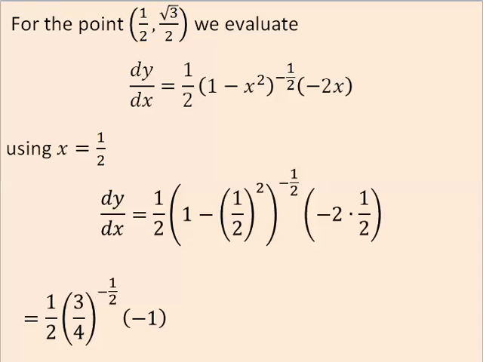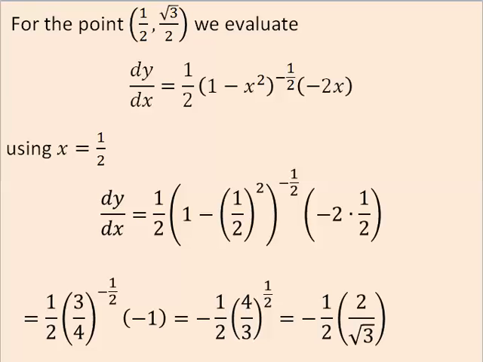The next step you might not be as familiar with. Instead of 3/4 to the negative 1/2, I have 4/3 to the positive 1/2. It's a nice little trick you might want to use someday. I also brought the negative out in front. And then I just finished my cleanup. And if you need to rationalize the denominator, you can do that.